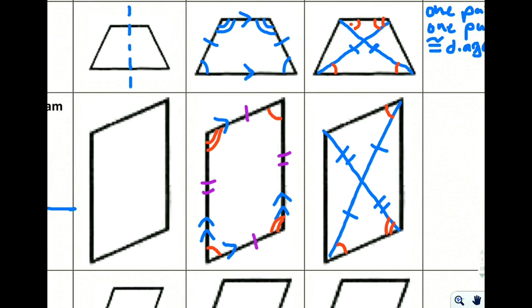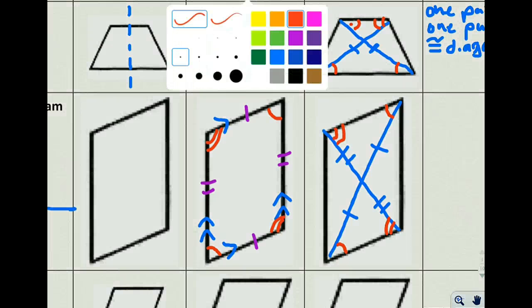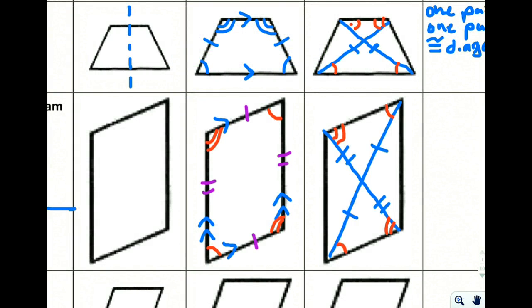We have this set of alternate interior here. We have also more alternate interior. We have, and I'm switching color, but these are different angles here. So those are going to be congruent to each other, and then these here are going to be congruent to each other. So we actually have four different pairings of angles. The ones with the single tick and the single tick with the hash through it are different.